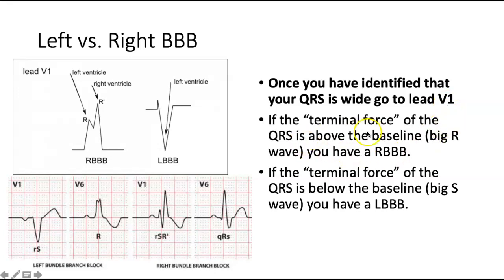If the terminal force of the QRS is above the baseline, meaning predominantly upward deflection, you have a right bundle branch block. If the terminal force of the QRS is below the baseline, so you have a big S wave, you have a left bundle branch block.